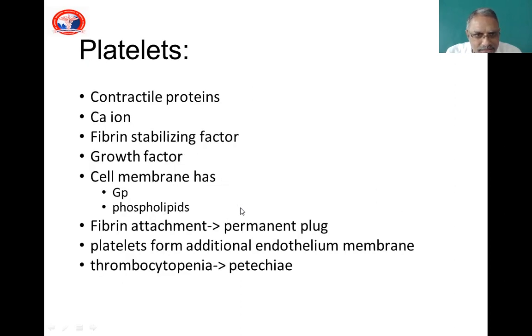Now, coming back to platelets, they have contractile proteins, actin, myosin, and thrombosthenin. The ion required is the bivalent ion, calcium.